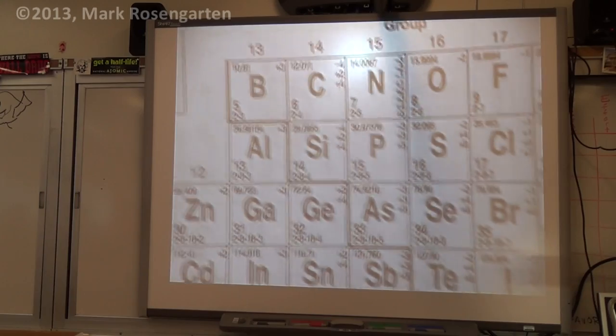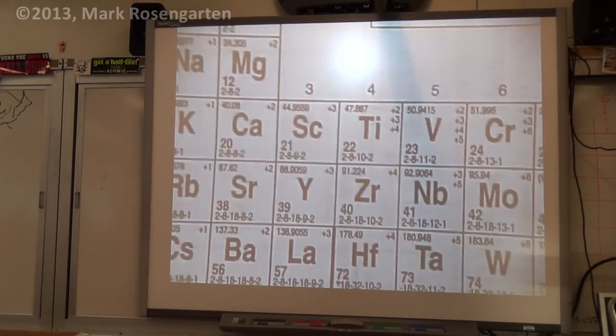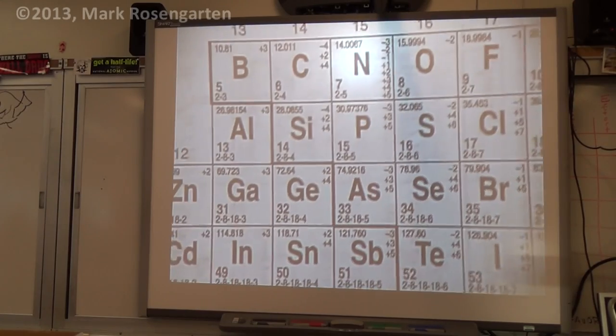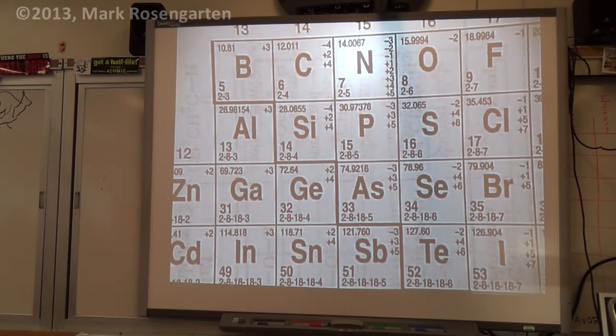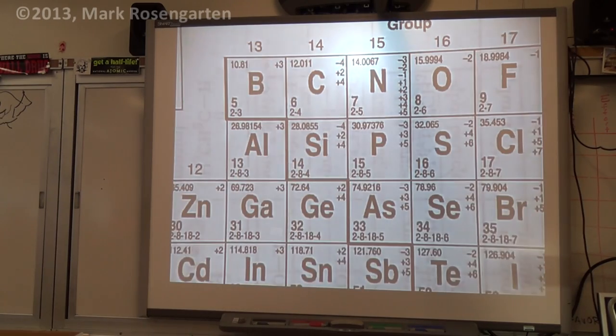Nonmetals, on the other hand, having a much greater nuclear charge compared to the metals with the same number of energy levels, are a lot more attracted to their valence electrons and to the electrons of other atoms. So they tend to be smaller, their electrons are closer to the nucleus, so they're more attracted.